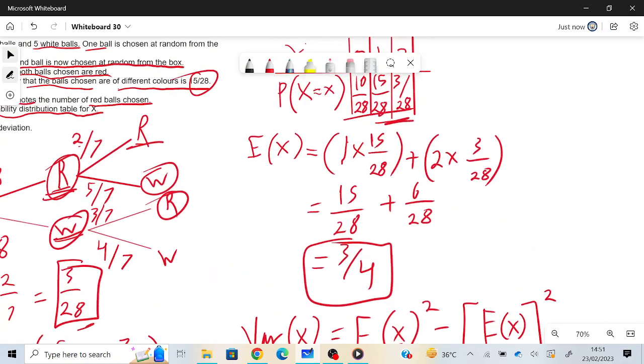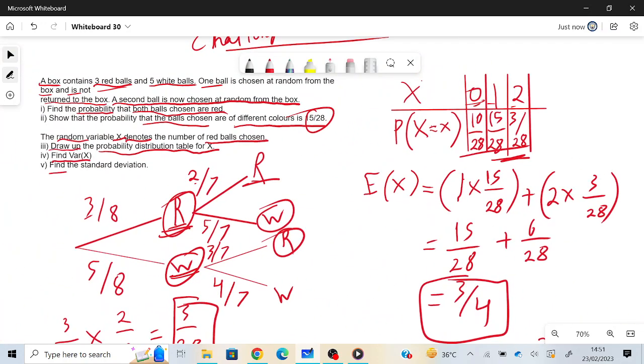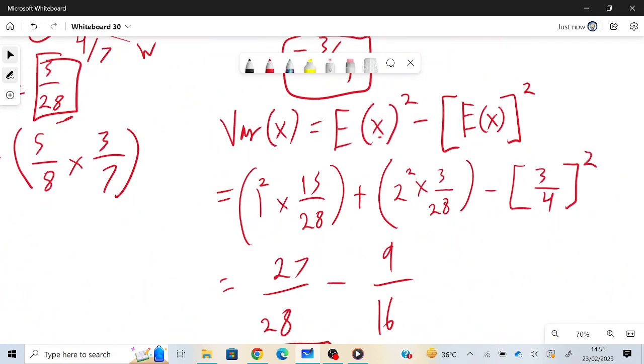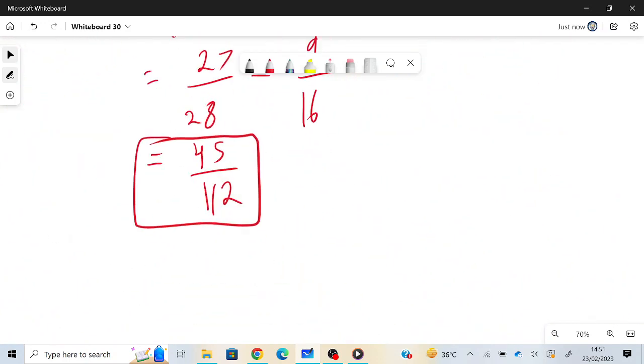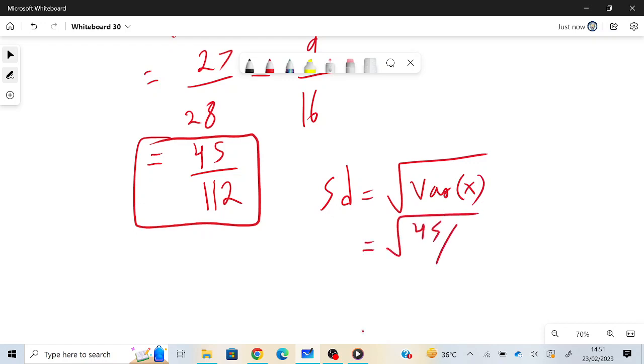And the final part for this question said to find the standard deviation. To find the standard deviation, all you do is take the square root of your variance. So standard deviation is the root of Var(X), that is the root of 45 over 112. This is plus minus root of 45 over 112.